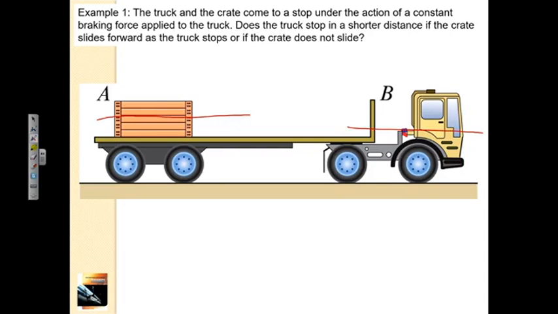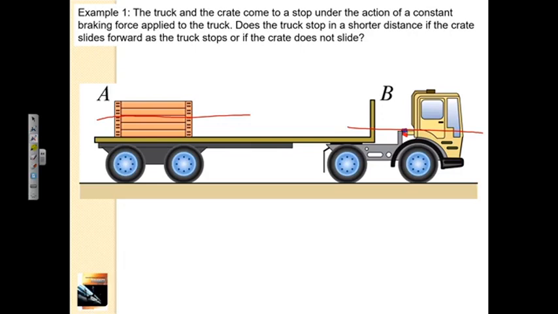We're canceling out potential energy changes. No springs, no height change. T2, we're coming to a stop. At that stop, we're assuming both the truck and the crate have stopped. So zero velocity, that one falls out. Now this is looking pretty promising. We've got a bunch of terms that have canceled.